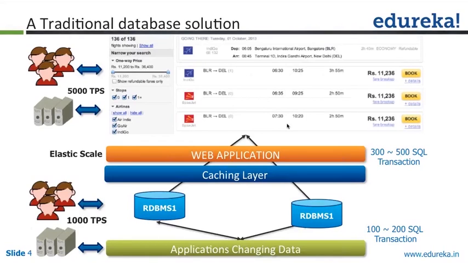So there is a lot of changing data that happens in these kinds of applications. There is a huge amount of writes happening, which is updating the data, and at the same time there's a huge amount of reads happening because of the load of approximately 5,000 TPS, 5,000 transactions per second. As a result, the overall read performance absolutely goes down, because your writes are very high, and all writes actually have some sort of locking mechanism in the RDBMS world. In order to improve your read performance to some extent, there is an augmentation that you could provide, which is adding a caching layer in between.